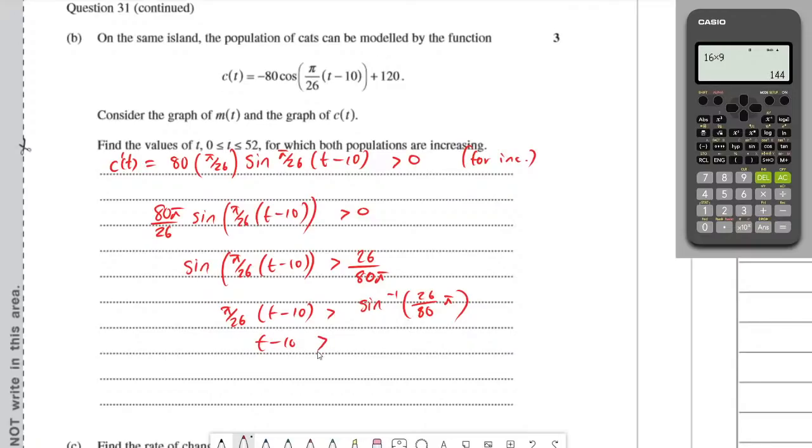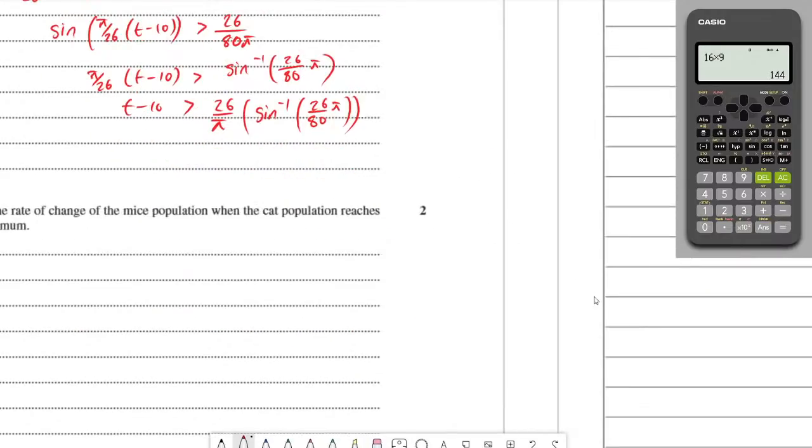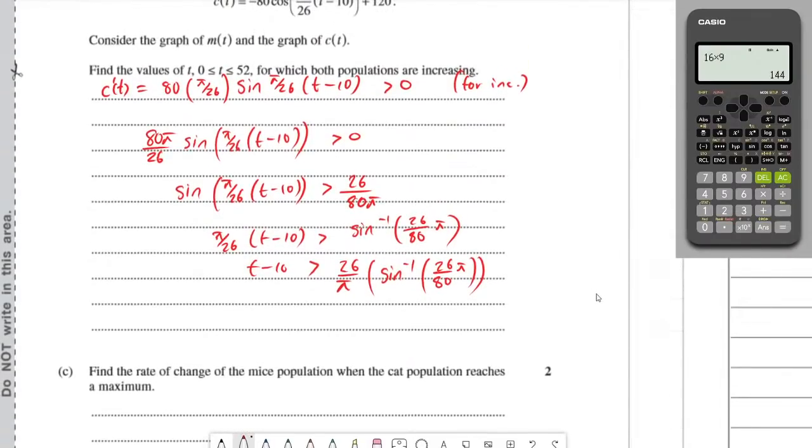So t minus 10 is going to be greater than 6 on pi, 26 on... This can't be right either. There's a link between me saying this isn't right and the later I get into this exam. It's only one value too, like when both the populations are increasing, so it's just when they're both greater than 0? So if that's greater than 0 and that's greater than 0, can you say anything about that?